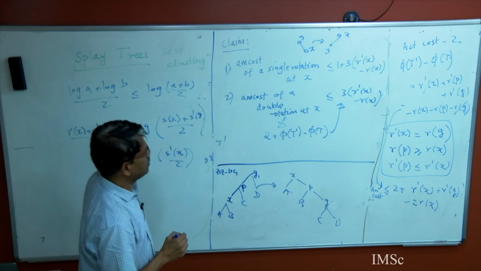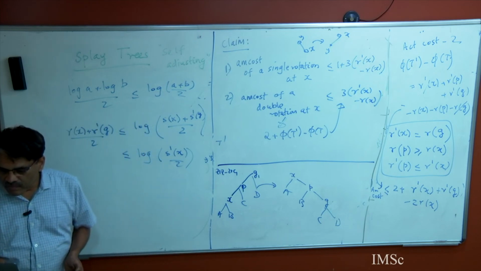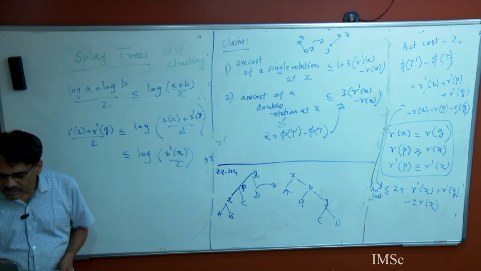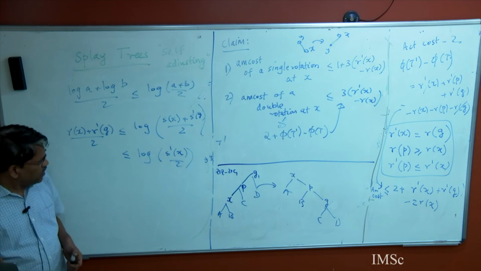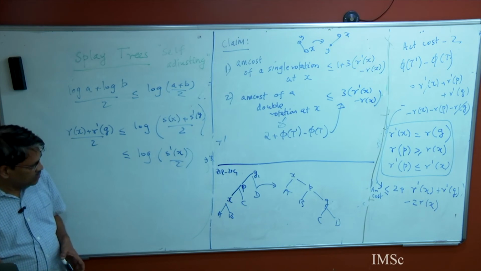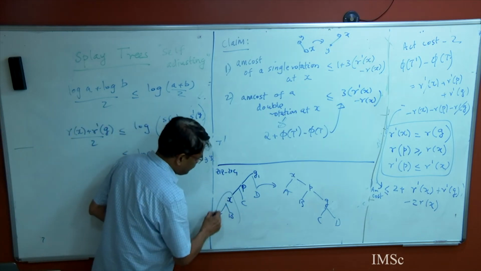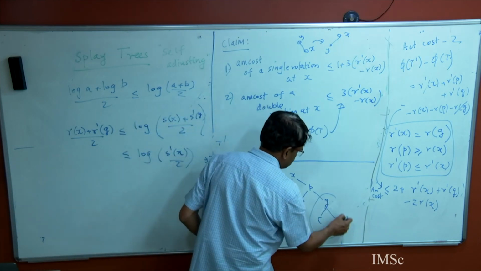S of x plus S prime of g. So see, S of x is this, the size of x, this subtree, and S prime of g is this.